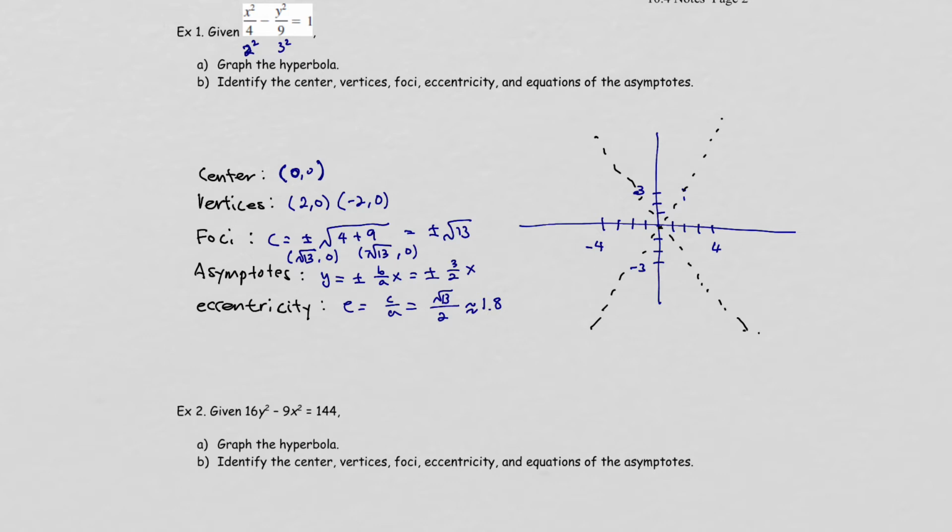And your hyperbola starts from 2, going toward the asymptotes, but never touching. And same thing with negative 2. And the focus is going to be square root of 13, so it will be somewhere right here. That's how you're going to graph your hyperbola for the first example.